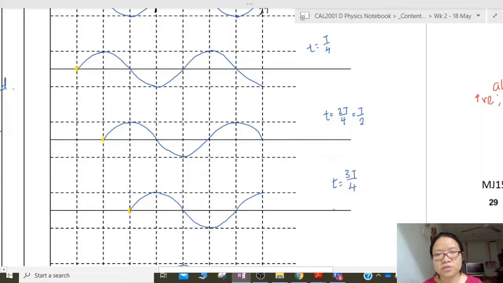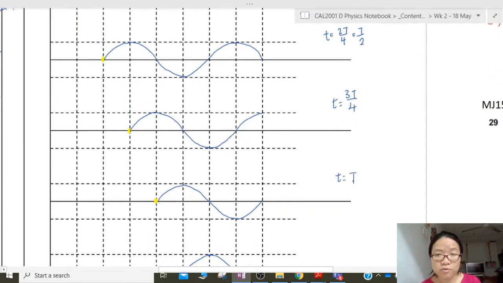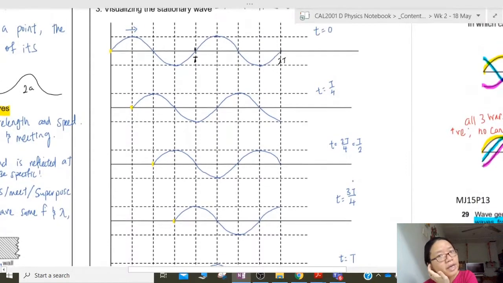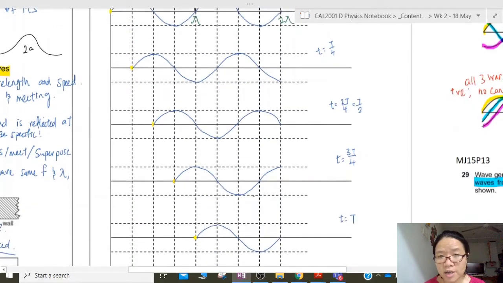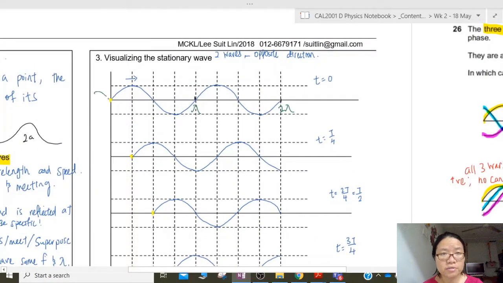And this is 3T over 4. So every quarter increment, we bump 1 box, T over 4. And this is where I noticed that, hey, I labeled wrongly. And this is actually lambda. The reason why I noticed I labeled wrong is because I want to point out to you that when the time is exactly 1T, the yellow dot, reference point, not a wave particle.